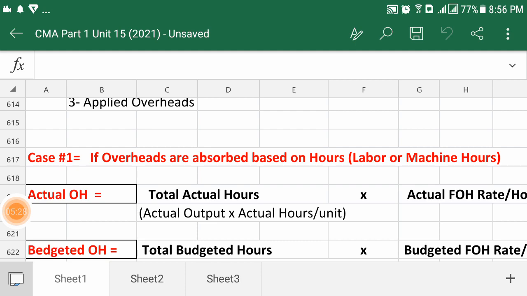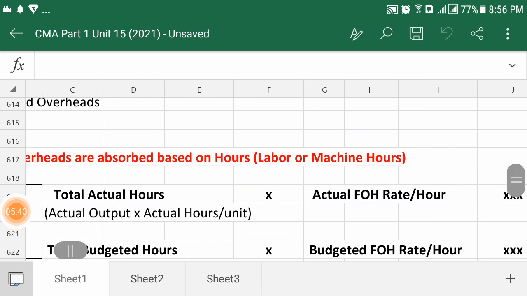So actual overhead is equal to total actual overhead, and it means the actual output into actual hours. Whatever the output you have, multiply with the hours, and then you will get the total hours, how many hours you have spent to complete that particular product.